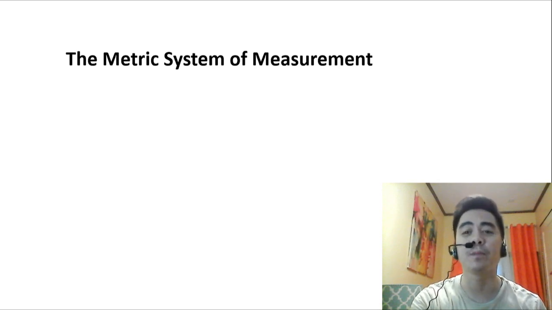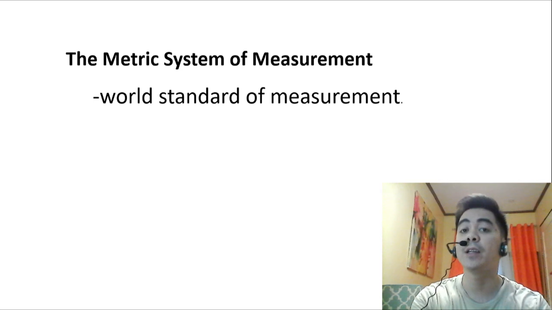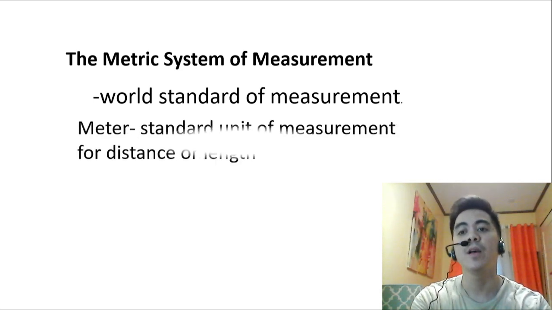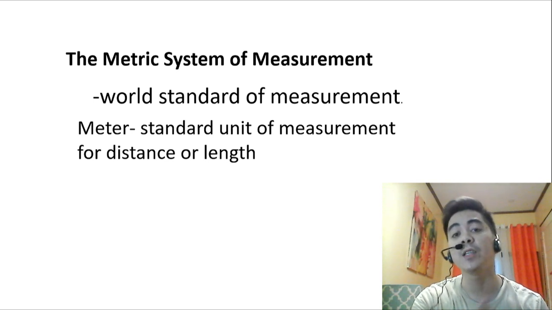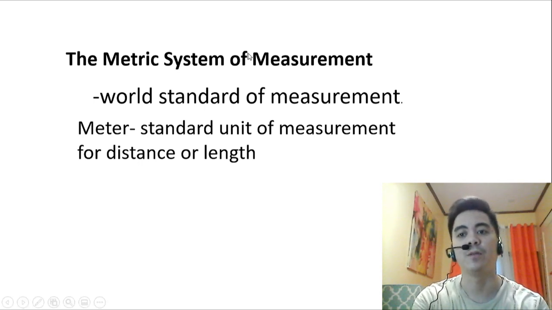Using different units of measurement may cause misunderstanding and confusion among people. In the metric system, the standard unit of measurement for distance or length is the meter. So remember, meter is the standard unit.